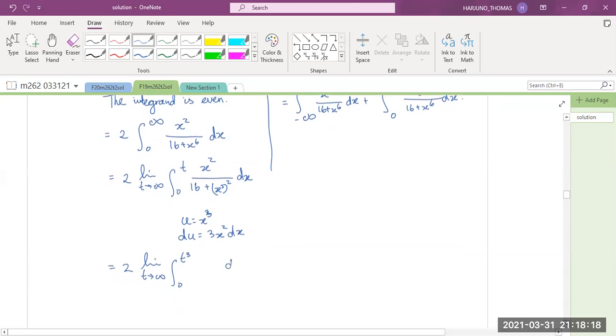That's du over 3 and then 1 over 16 plus u squared.